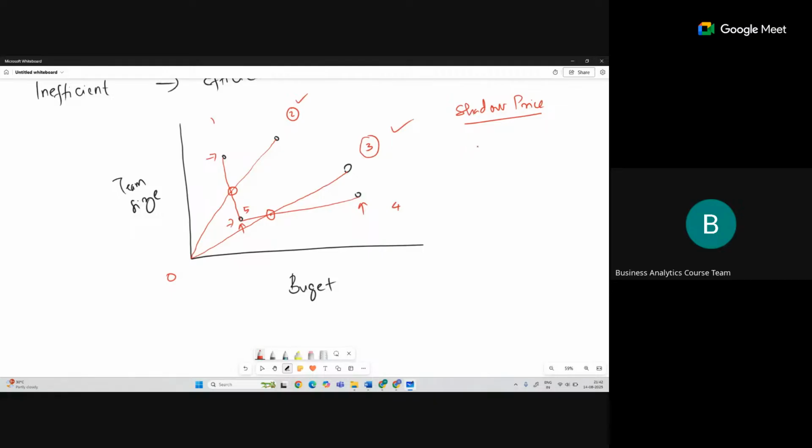If you are solving a DEA problem for DMU3, 5 and 3 will have a shadow price that is not equal to 0, and all others will have a shadow price of 0. Similarly, if you solve DEA for DMU2, 1 and 5 will have a non-zero shadow price. We will see that problem now. We have a numerical, we will work it out now. It will give you more clarity.